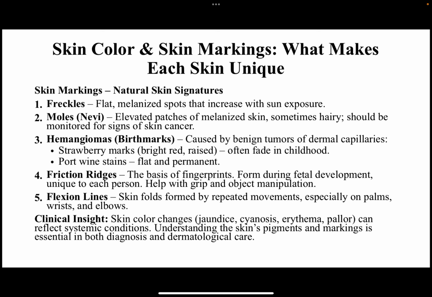Okay, we have friction ridges. Friction ridges is what forms the basis of fingerprints. If you look at your finger, you see there are small patterns. They form the basis of varying fingerprints. In fact, they form during fetal development, and they are very unique for every person.